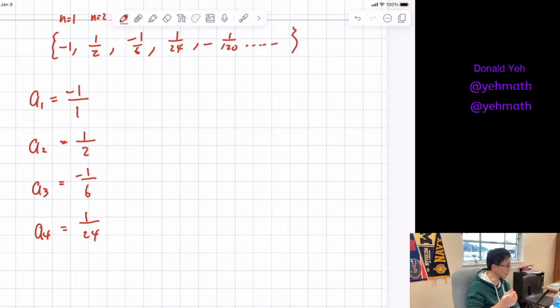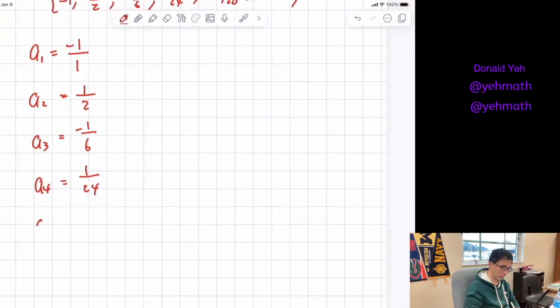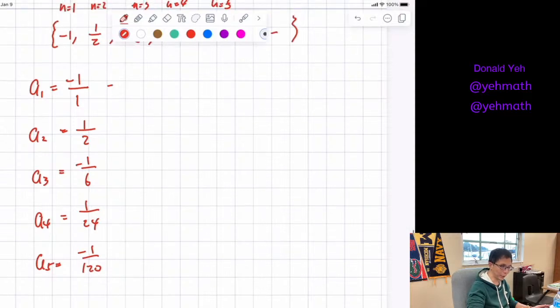But what's the relationship from 6 to 24? a_5 is negative 1 over 120. So what's the relationship from 2, 6, 24, and 120? What kind of relationship is that? It is multiplication, but there's a better word for it. So let me write out more.